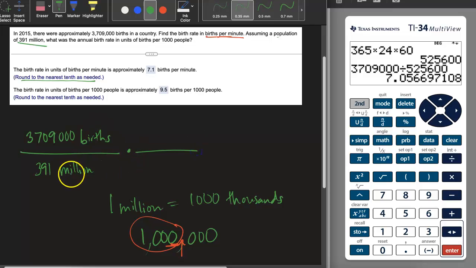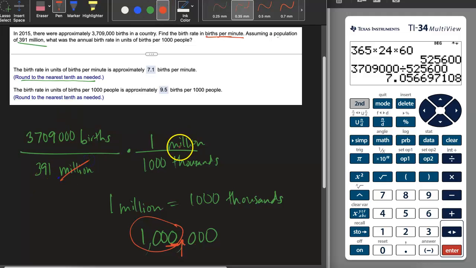Again, I want to arrange my units so that the millions will be opposite of the denominator. If I've got million here, I want million in the numerator, so eventually they will cancel, but not just yet. And I'll write 1 million is the same as 1,000 thousands.